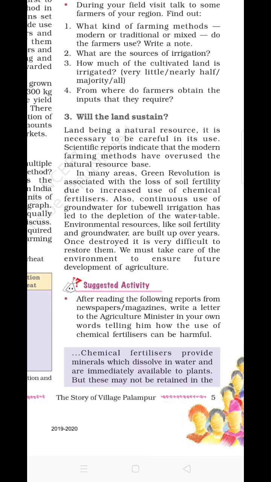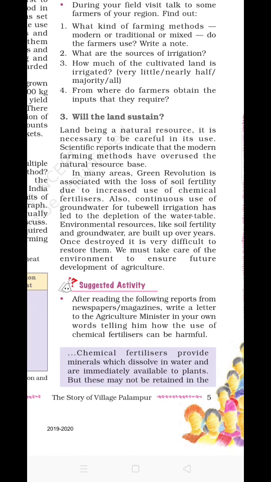Definitely no. Chemical fertilizers and pesticides adversely affect our land, and we lose the sustainability, or fertility, of the land. The soil loses its fertility because of such chemical fertilizers or modern technology.